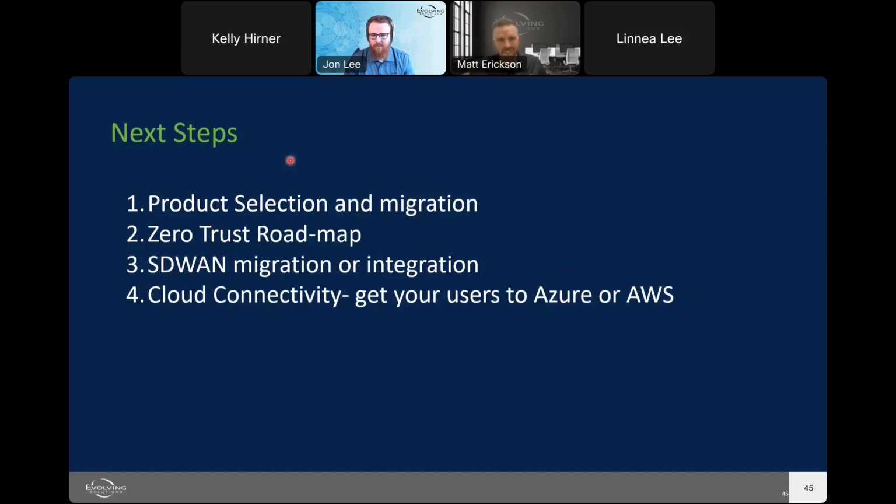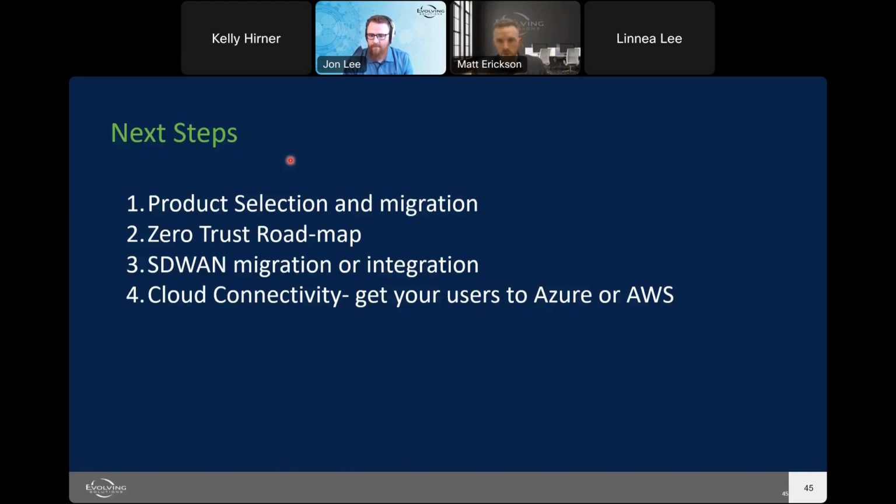Everybody's got something unique, so for sure we'll help out with that. Our goal with all of our projects is to make sure we all agree on what our zero trust roadmap is, and then we'll figure out where SASE or SSE fits into that roadmap. Where's your identity project? Where's your SOC maturity project?